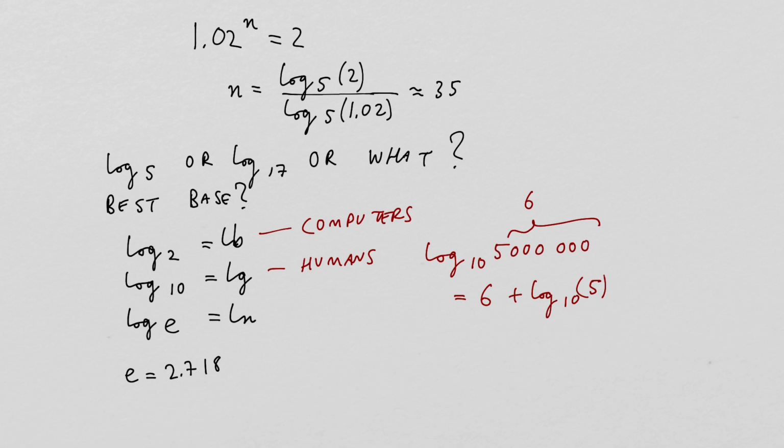That's why the logarithm of base 10 is very handy. There are also some other advantages. Then why this natural logarithm is sometimes handy: it has good properties in formulas.